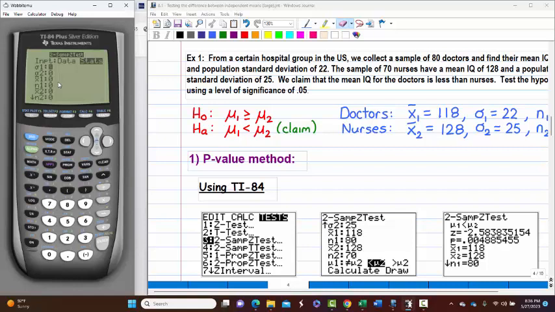So the doctors' standard deviation is 22. Nurses is 25. Sample mean for the doctors is 118.